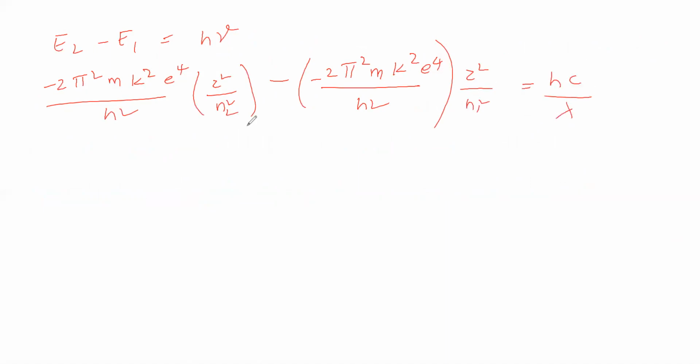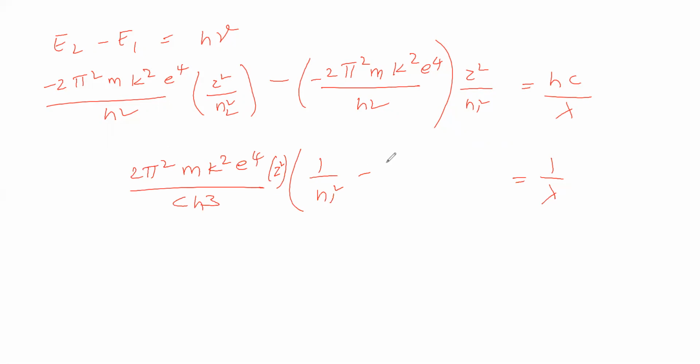Okay, now take hc this side, then 1 by lambda is equal to 2 pi square m k square e power 4 by ch cube, then Z square, then 1 by n1 square minus 1 by n2 square. This is only Rydberg's formula.